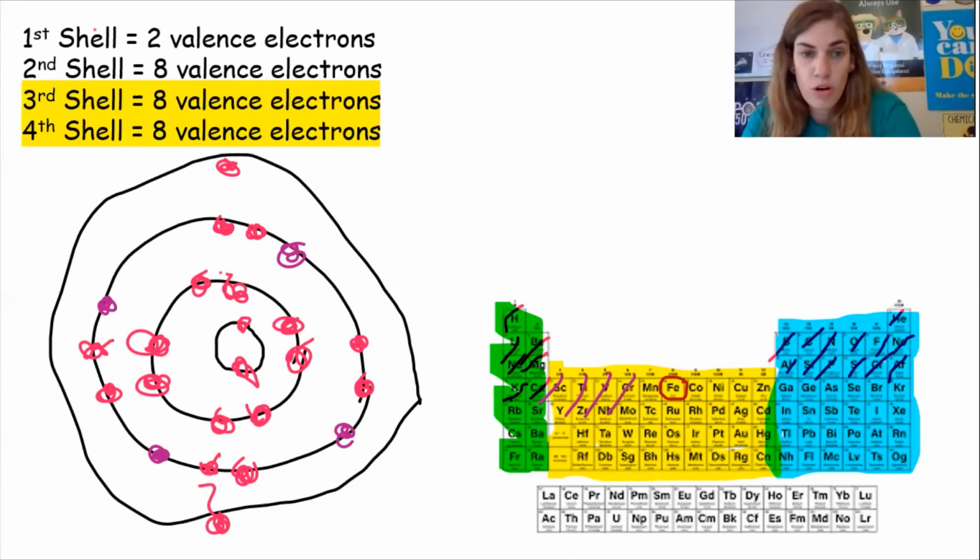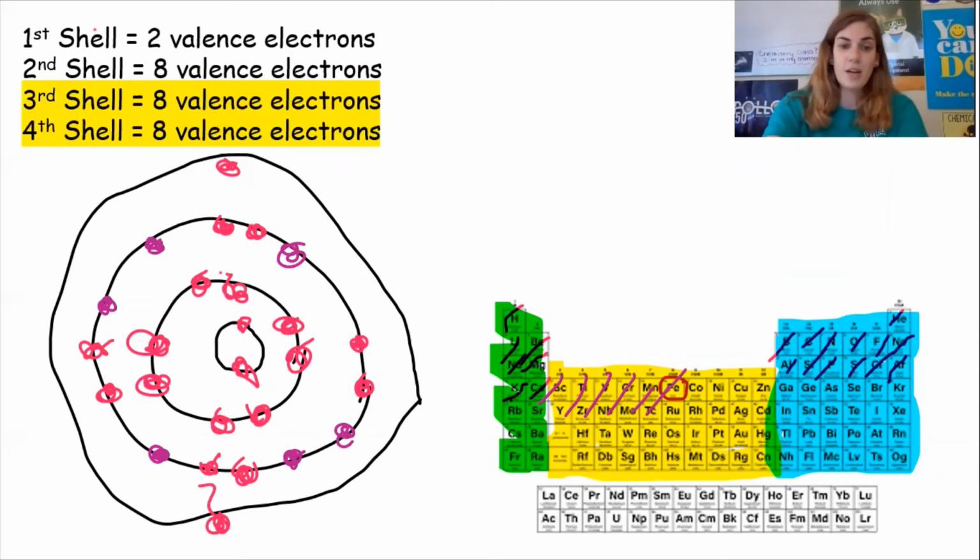I'm going to fill out 2 more, 5, and 6. And that takes me to iron. This is what I end up doing. And what we see is that most transition metals have 2 valence electrons because they don't fill out the outer orbital. They fill out the inner shell. But we can't assume that because, like I said, there are exceptions. We're not going to get into that.